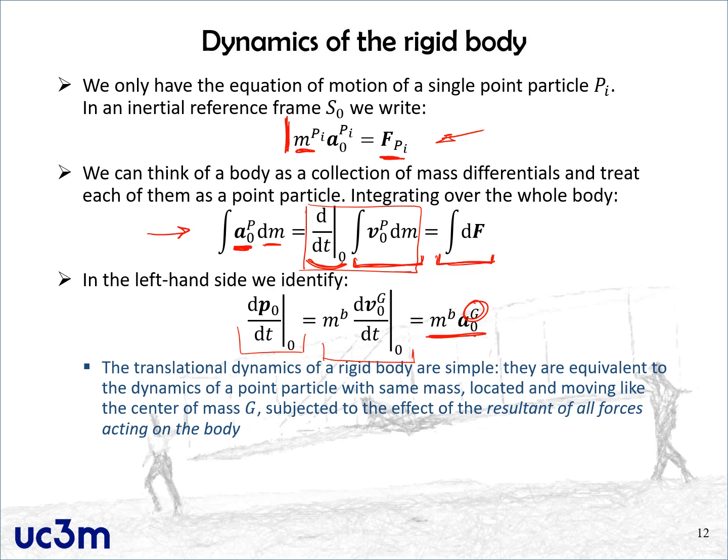We just have that the translational dynamics of the rigid body are given by the dynamics of the center of mass under the effect of the resultant of all the forces acting on the rigid body. Okay, so if we sum together all the forces acting on the rigid body and we replace the rigid body with a point particle with the same mass located at G and moving as G, then we have an equivalent problem.